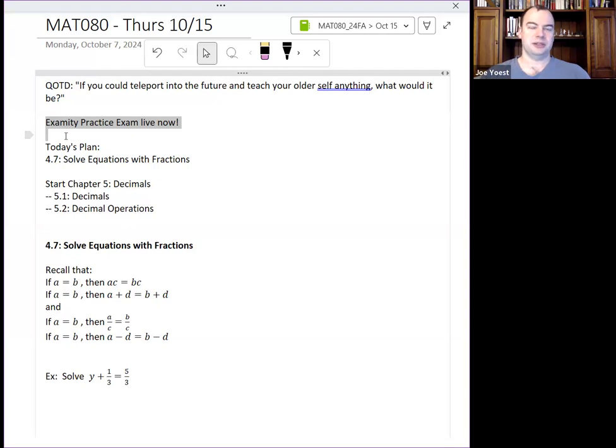And number one, making sure that all the tech works out, that your browser cooperates with Examity and WebAssign, that your computer works with that, that your internet is solid enough to handle the streaming and everything. And also for you to get practice so that you've gone through it once.